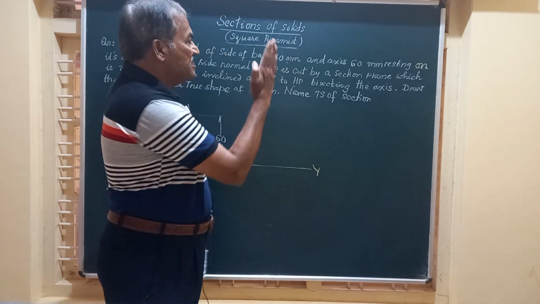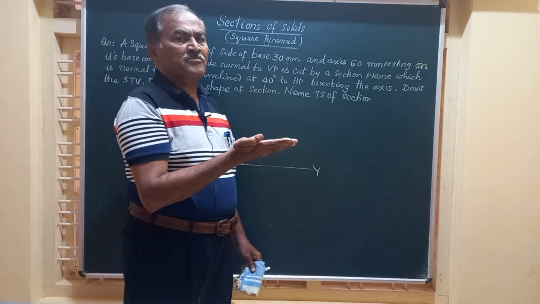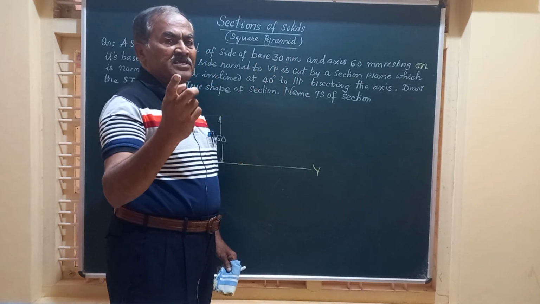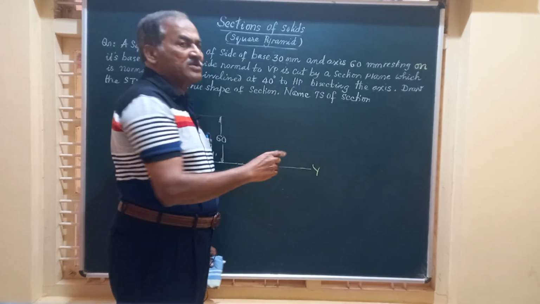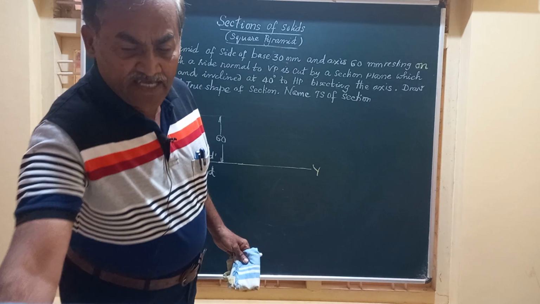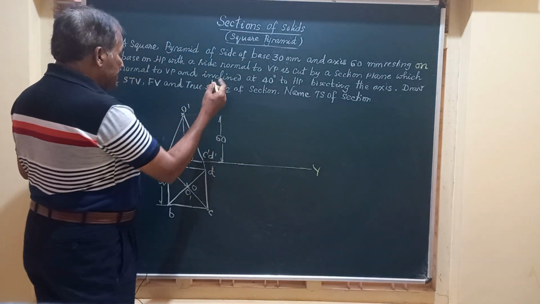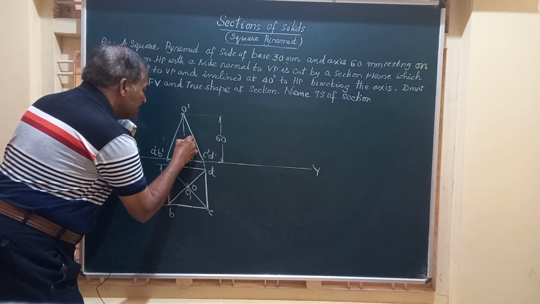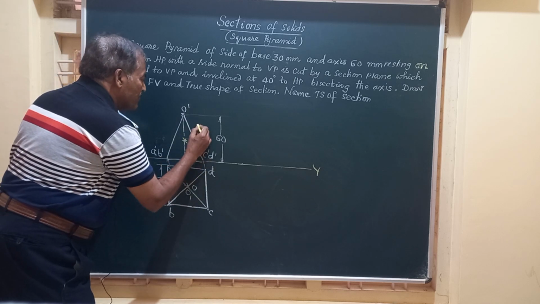Friends, whenever any section plane is perpendicular to VP in any orientation through 360 degrees, it is seen as a line in the front view, and its inclination with the HP is seen in the front view. In this case, this particular section plane is bisecting the axis. So I mark the center of that height, that is at a distance of 30 mm.